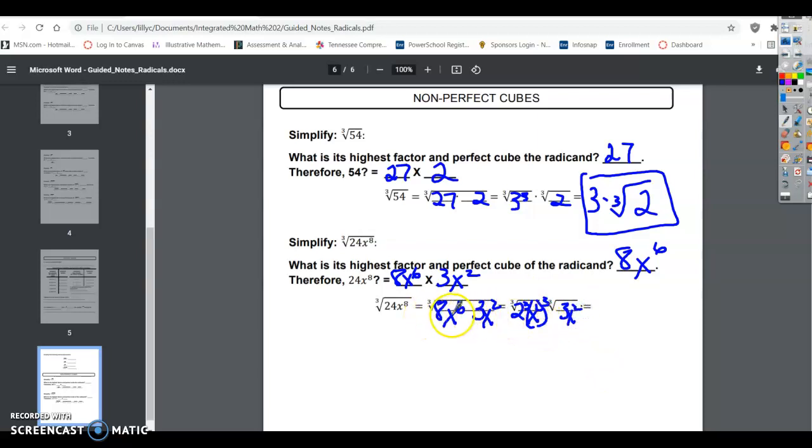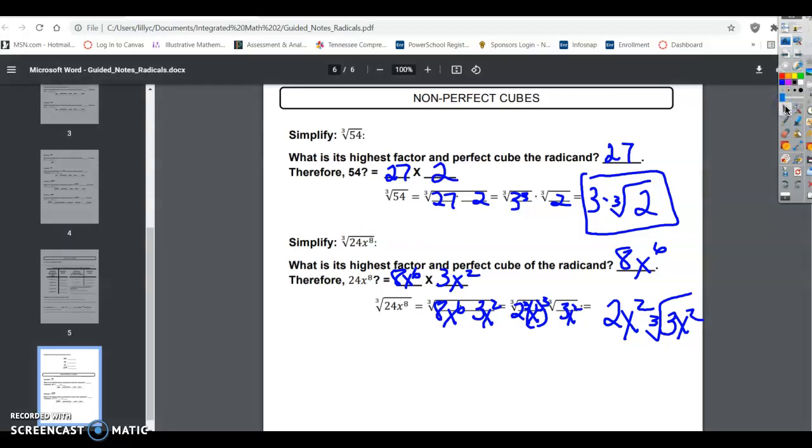These blanks really should have been bigger, knowing that I was going to write this on my screen. But anyways, the 2 comes out, the x squared comes out, and we're left with the cube root of 3x squared underneath.